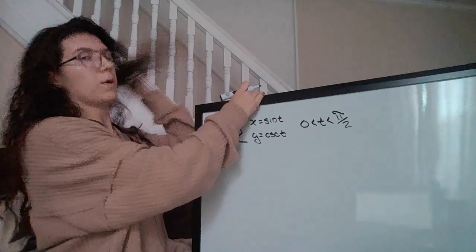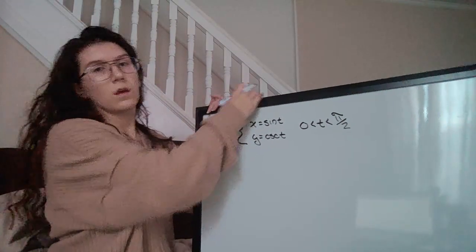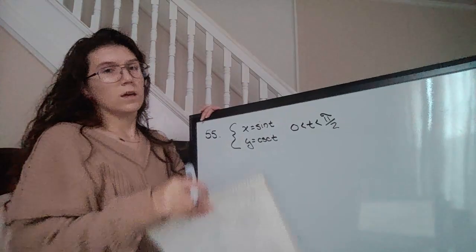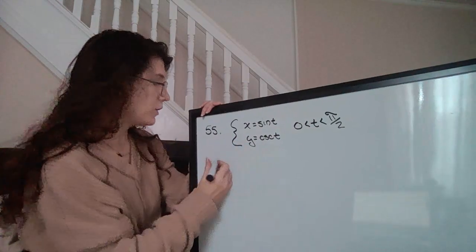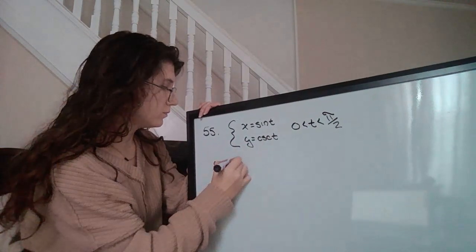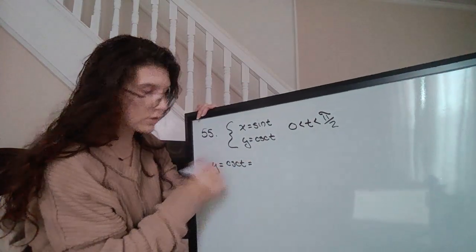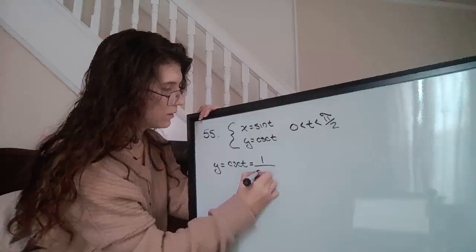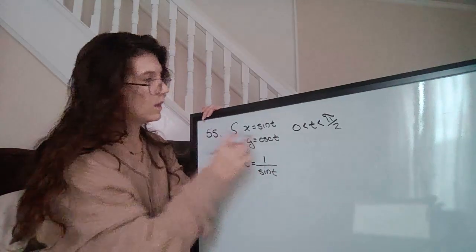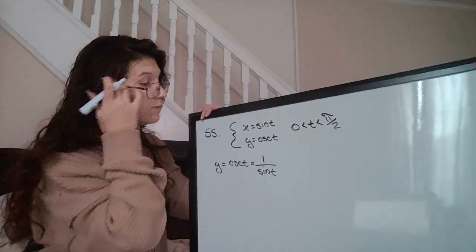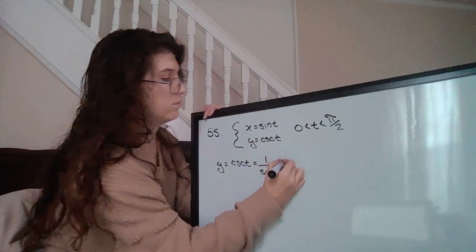These are split up as functions of t, but if we know cosecant is actually just 1 over sine, and since I have sine of t for x, I could just plug that in.